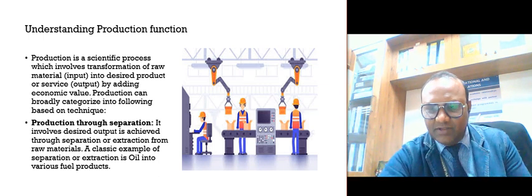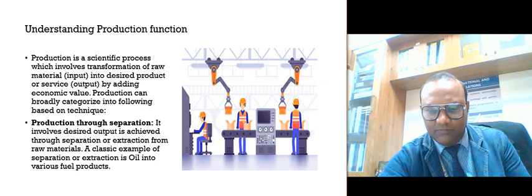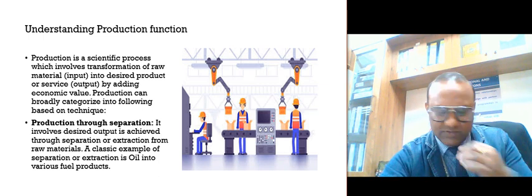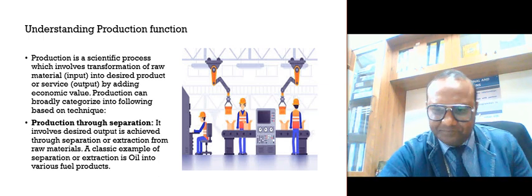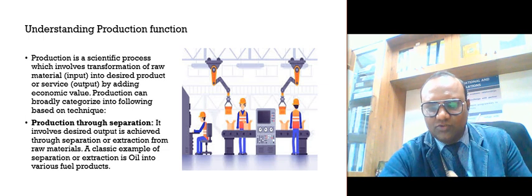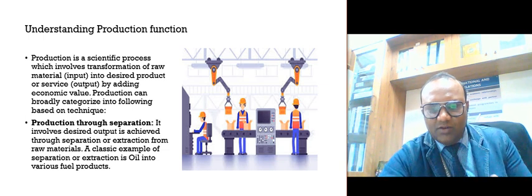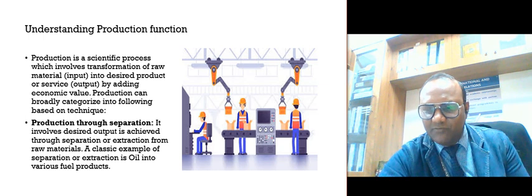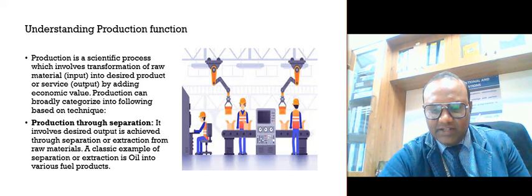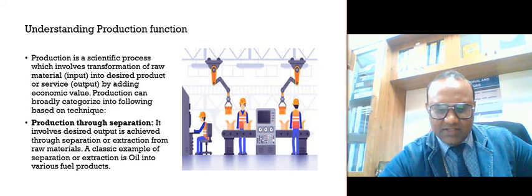The best example that we can give is crude oil, which is obtained through the drilling process and brought into the system. We try to extract the maximum from the crude, and that's where we get petrol, diesel, kerosene, and many other oils that are used in production as well as in daily consumption.